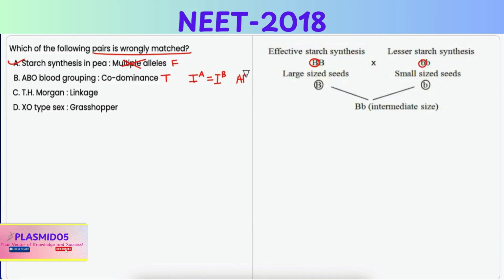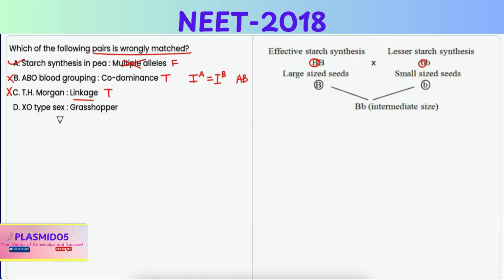Option C, T.H. Morgan is to linkage. Now, this is also a correct match because T.H. Morgan is definitely credited for discovering linkage, that is, the tendency of genes located close to one another on the same chromosome to be inherited together. Hence, it is incorrect option.